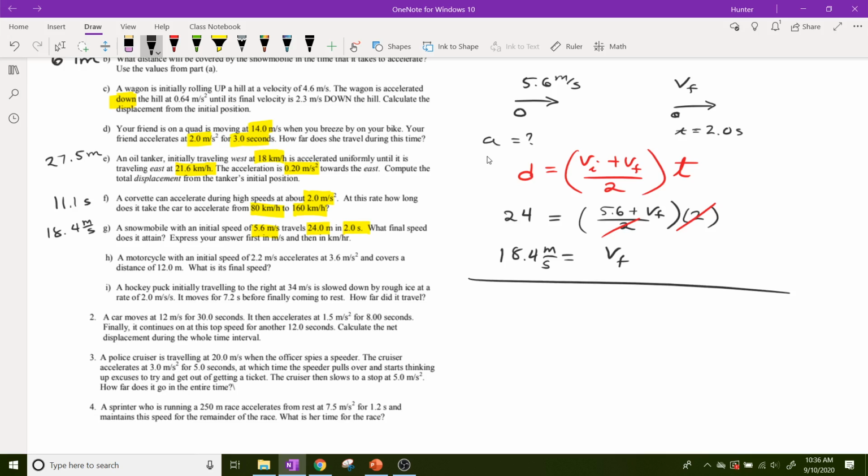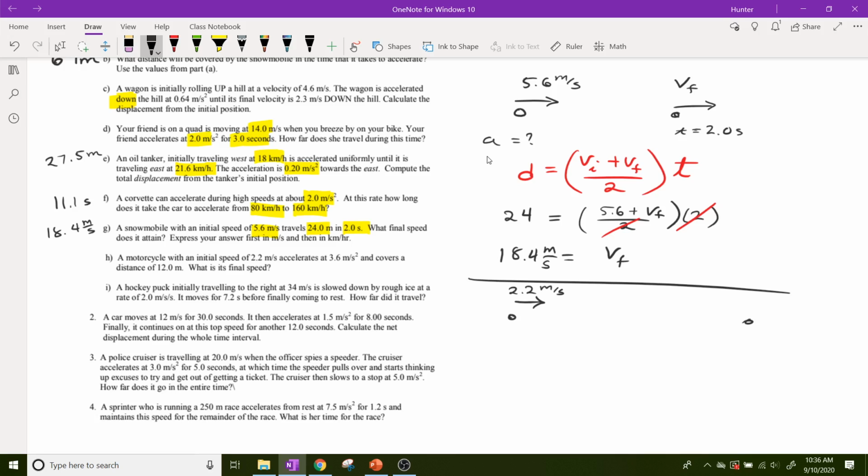A motorcycle with a speed of 2.2 meters per second accelerates at 3.6 meters per second squared and covers a distance of 12 meters. What is the final speed? Okay, so motorcycle. We are initially going, does that say 22 or 2.2? 2.2. We're going slow to start with.